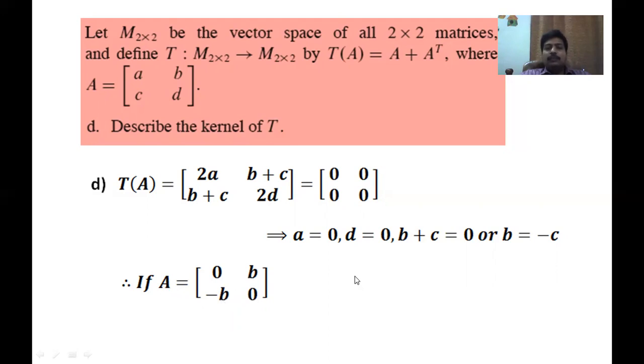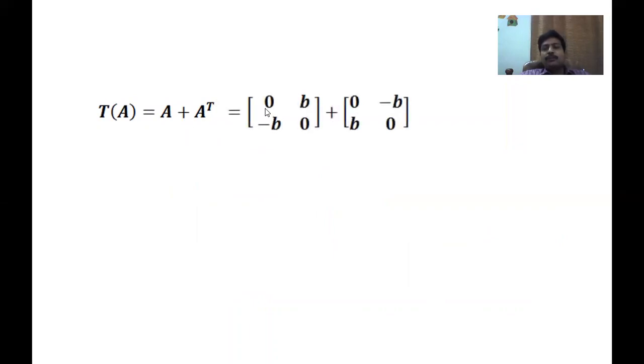Then A transpose will be [0, -b; b, 0], and T of A is equal to A plus A transpose, which is [0, b; -b, 0] plus [0, -b; b, 0], which is finally equal to the null matrix [0, 0; 0, 0].